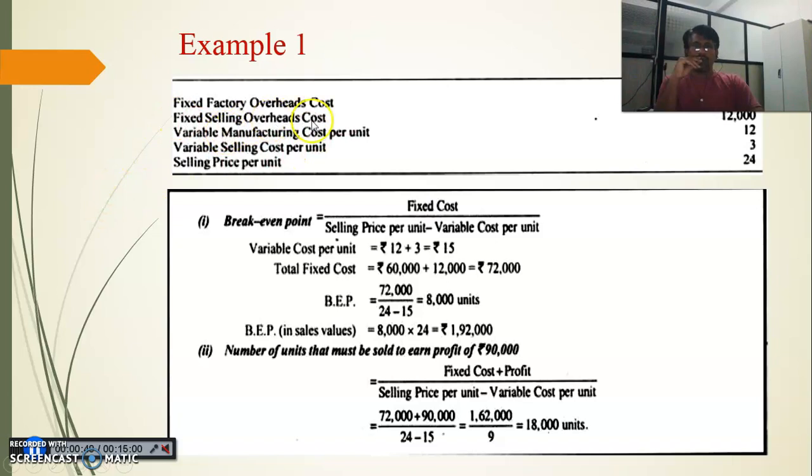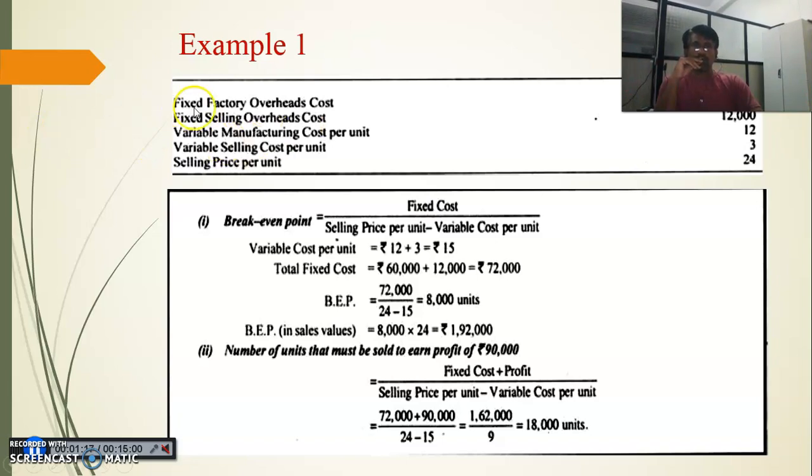Now the fixed selling overheads, this cost will definitely include whatever selling efforts are required, as we can say we require to provide some commission to the retailers, we require to set some godowns, we require to send our products into the market.